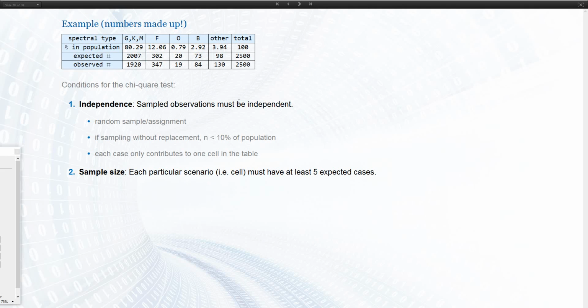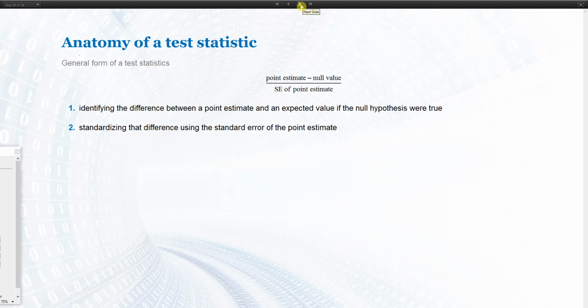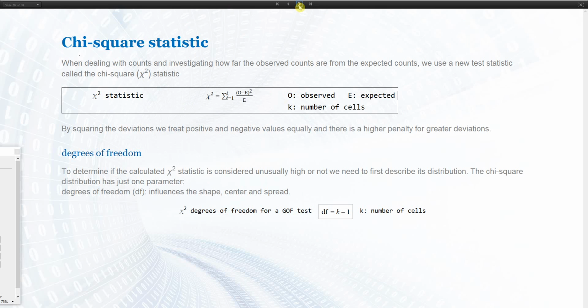Again, there are some conditions for the Chi2 test. And the general form of our test statistic is, again, point estimate minus null value divided by the standard error. And in this case, if we have more than one category, it looks like this.